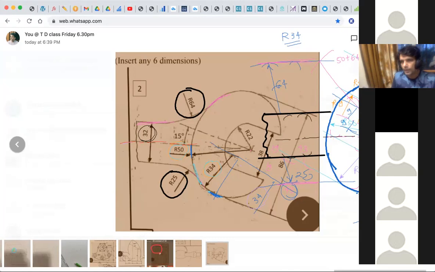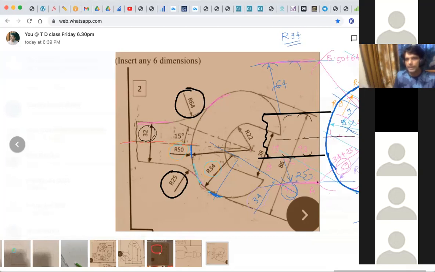So from P you will cut 34 plus 25, that is 59. From P you cut 59, wherever it cuts the 25 parallel line, that will be one point. Let's take that point as A. And from O you cut 114, and from here you take the 64 parallel line, wherever it cuts, that is B.